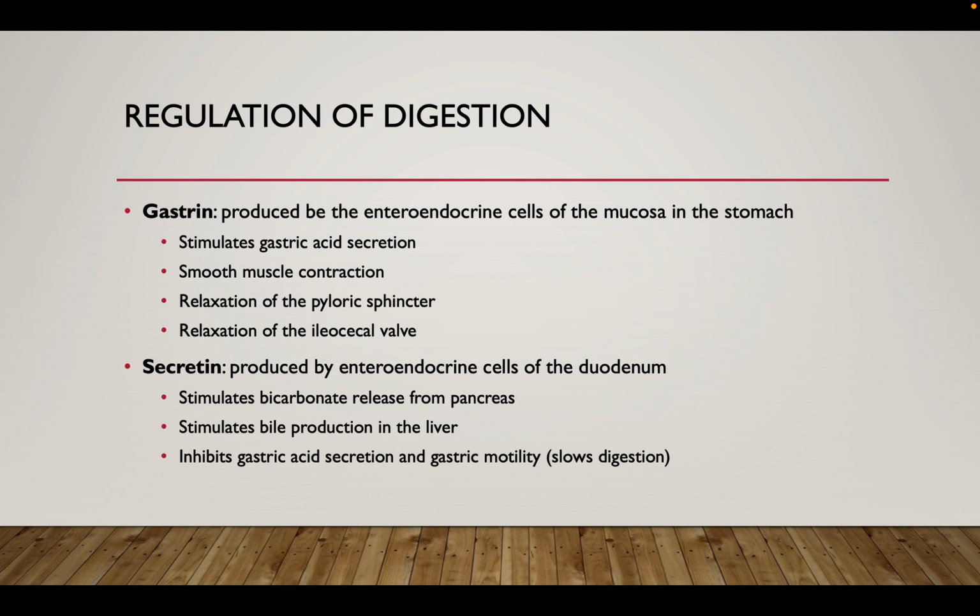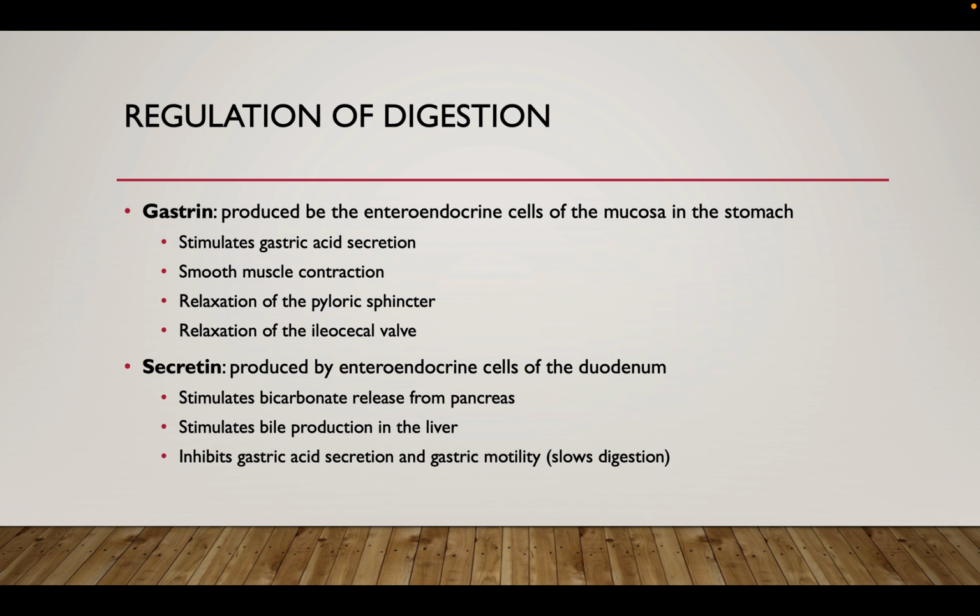And then you have the relaxation of the ileocecal valve, which is down at the junction between the ileum and the cecum. When this relaxes, it causes movement of material from the ileum and the small intestine into the large intestine, and this thus makes more room in the duodenum for material to enter as it leaves the stomach.